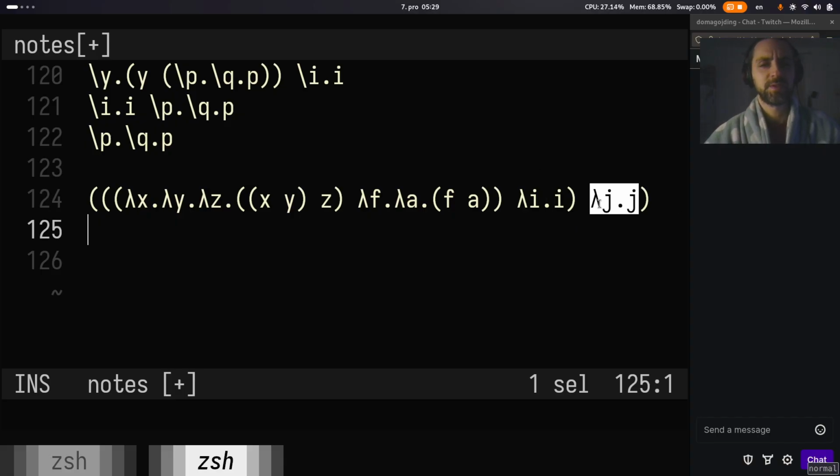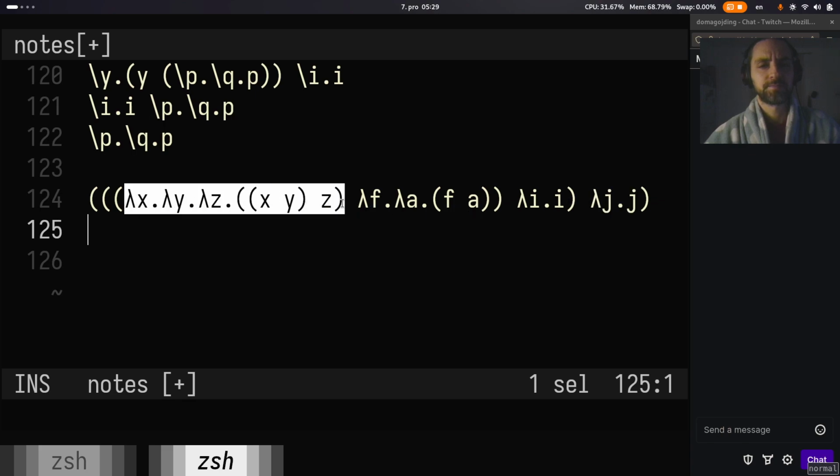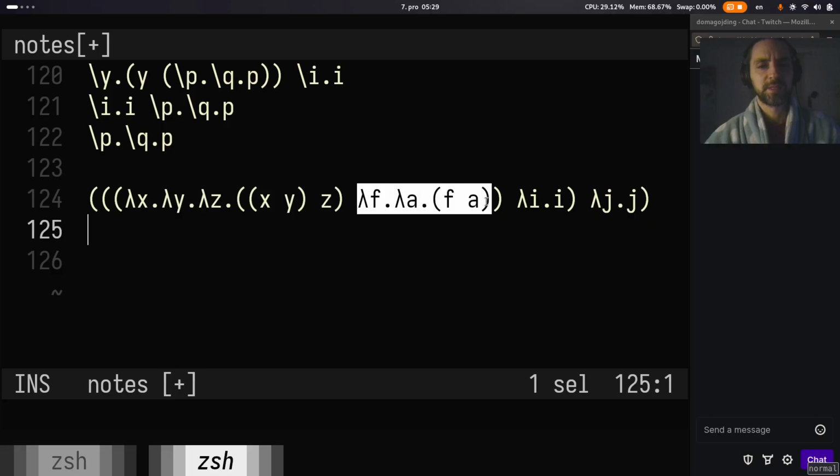So what do we first do? Well, this is being applied to this. And then we're going to apply this to something inside and then this to something inside. So let's first apply the apply to the make pair.